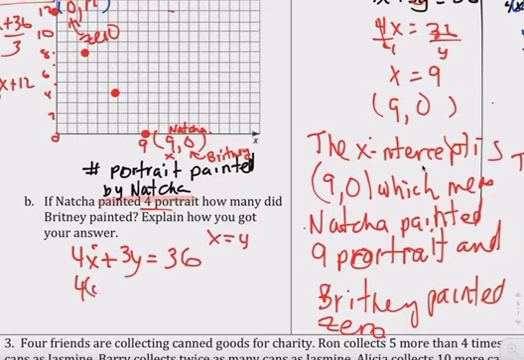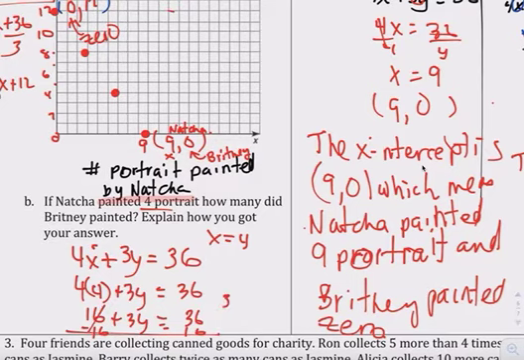So 4 times 4 plus 3y equals 36. 16 plus 3y equals 36, minus 16. 3y equals 20. So, divide by 3. Wow, okay, 7.